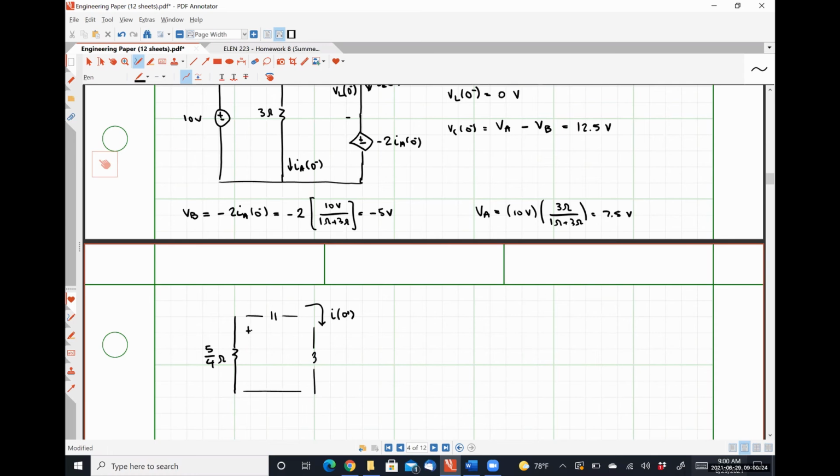Our voltage VC at 0 plus is this guy. And our voltage VL at 0 plus is this guy. So what should we be replacing our capacitor with? Let's start there.